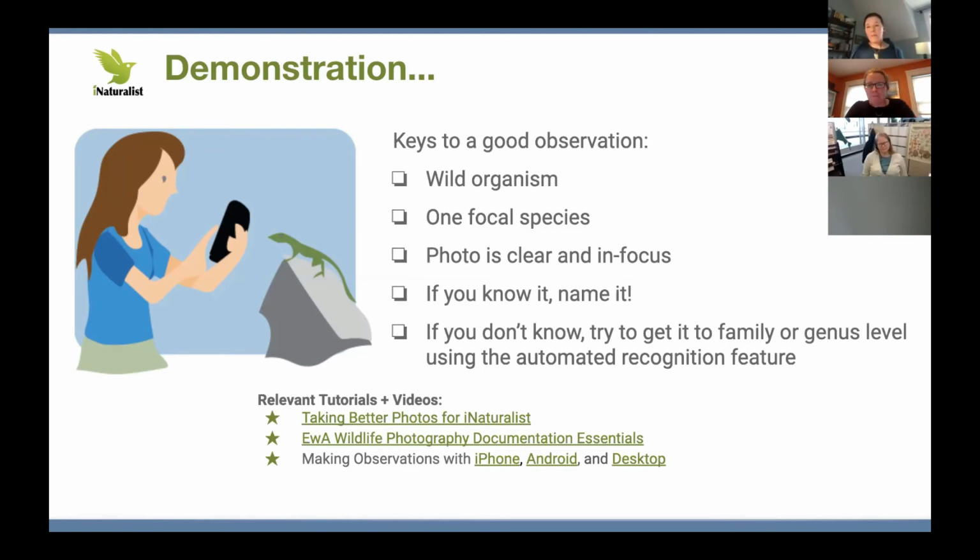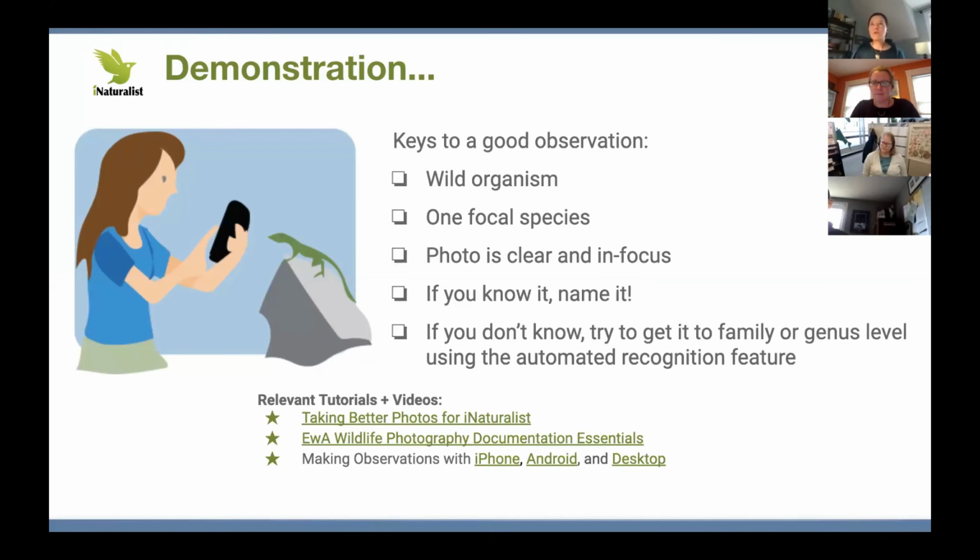But the thing to note is that a captive or cultivated species, such as a tree that has been planted or the flowers in your garden, will never reach research grade. They're always going to stay casual. That's another kind of casual sighting there, for good or for bad reason. That's a protocol that they have.